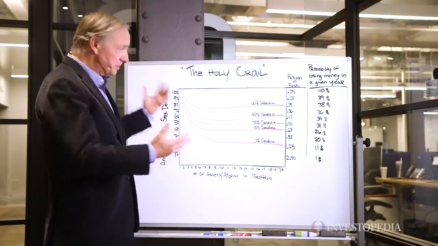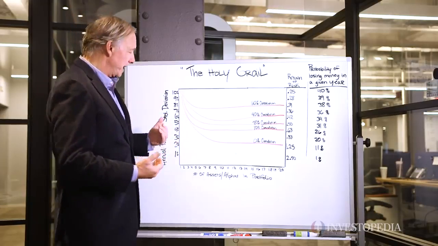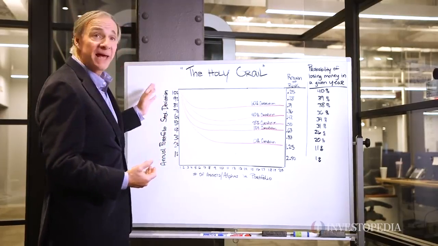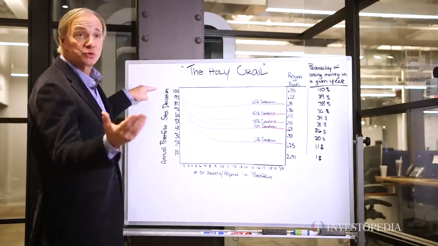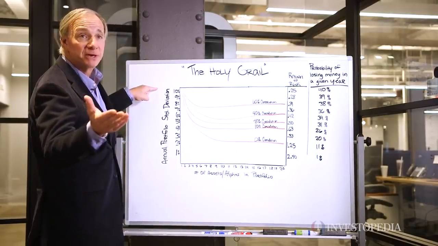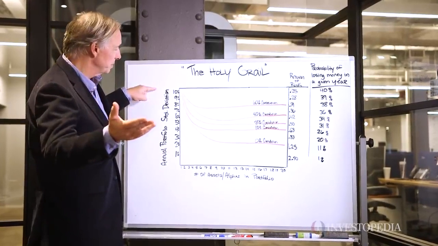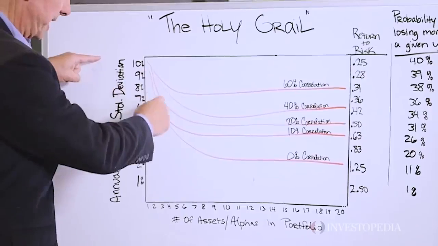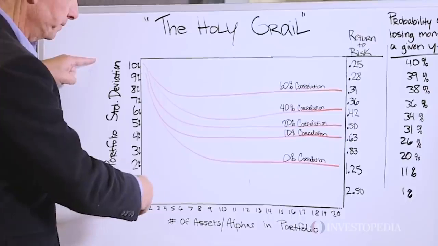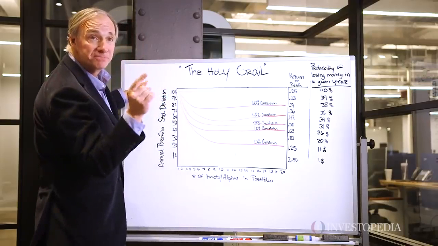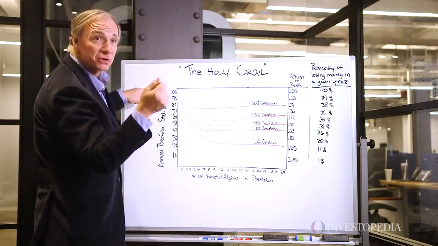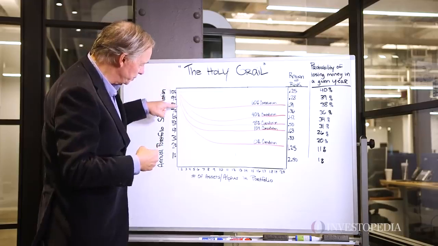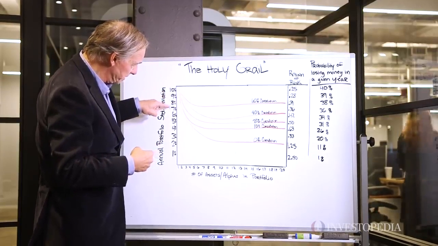So that's what this chart shows. Imagine you have a 10% average return, and you don't know which bet is going to be better, with a 10% risk. And you add in a second and a third and so on. You're not going to lose the 10% return, but you're going to have a reduction in risk.